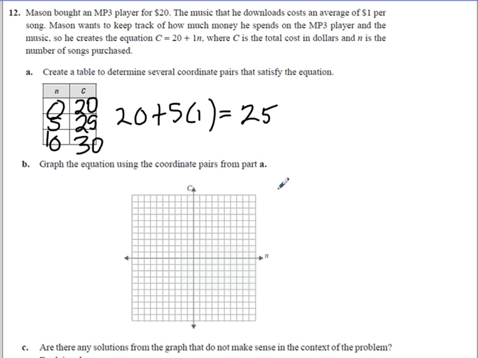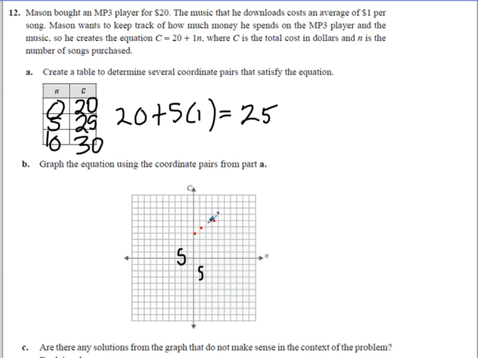And so to graph this, let's count by 5s again on our graph. For 0, we're up at $20, so 5, 10, 15, 20. Over at 5 songs, we're up at 25. And at 10 songs, we're up at $30.